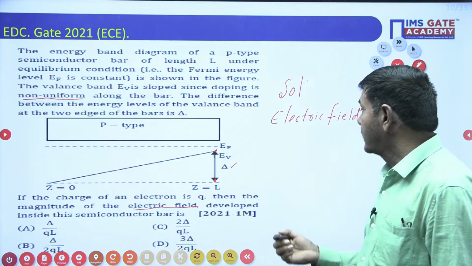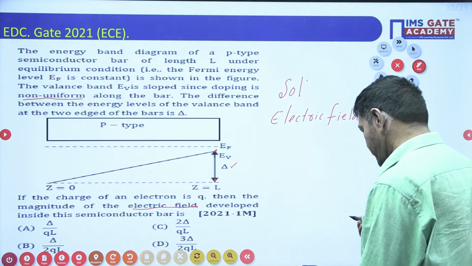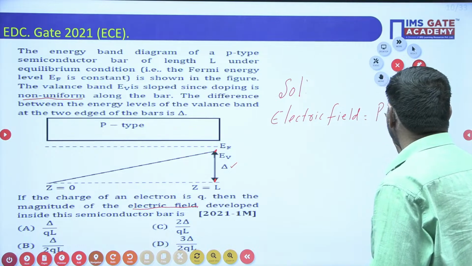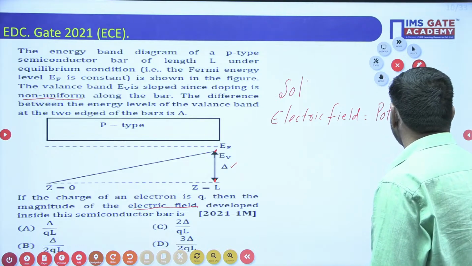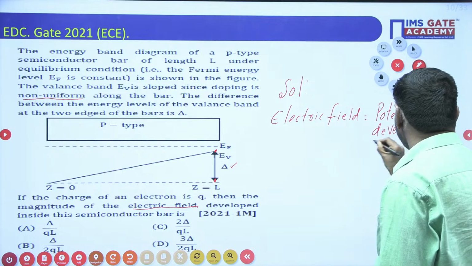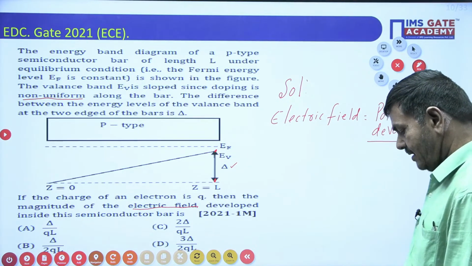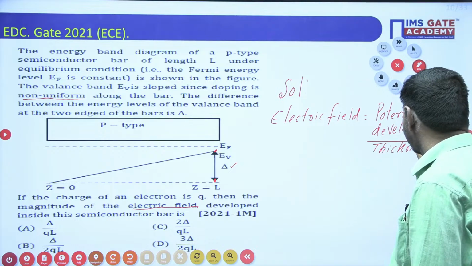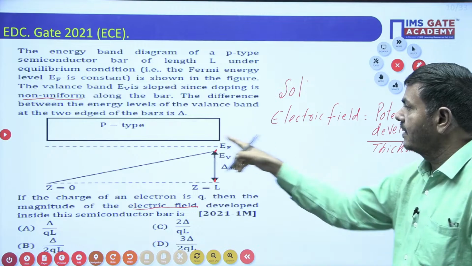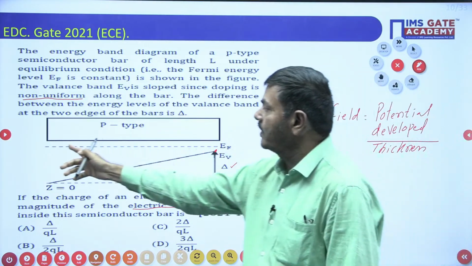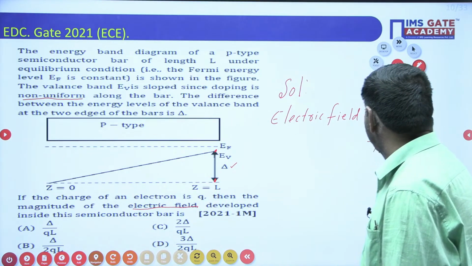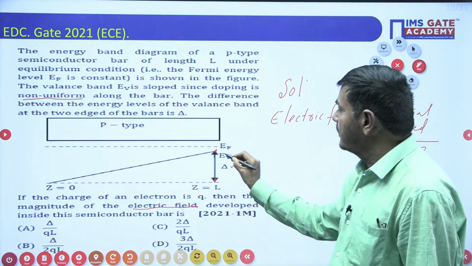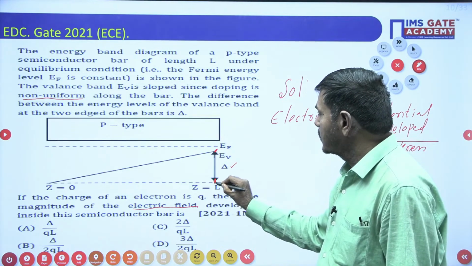The electric field means the potential developed divided by the thickness or length. This total thickness, L, we have taken here. In this case, the potential developed is nothing but the maximum energy level between these two points, delta.